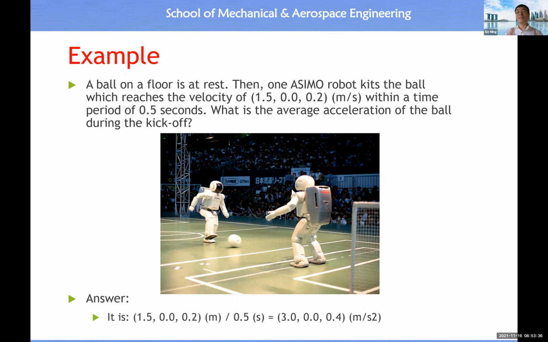Then what will be the average acceleration of the ball during the kickoff phase? The answer is the variation of velocity divided by duration. Then you get this answer, which is (3.0, 0.0, 0.4) meters per second squared.